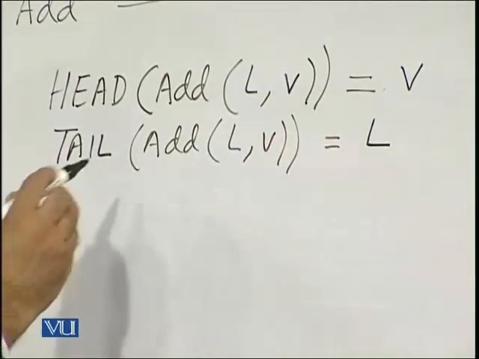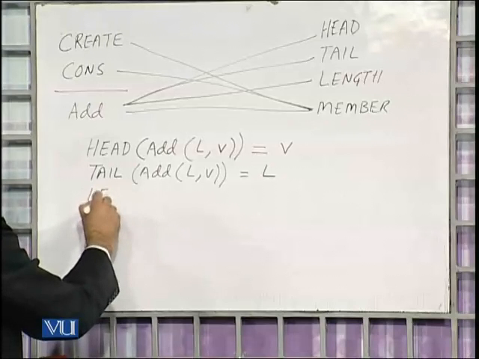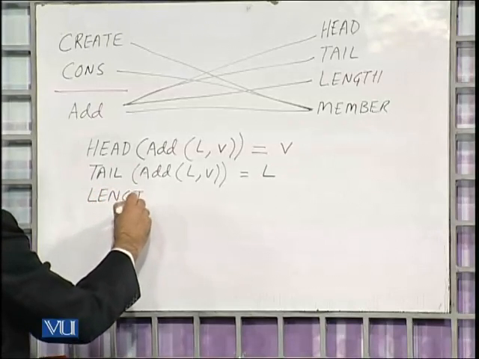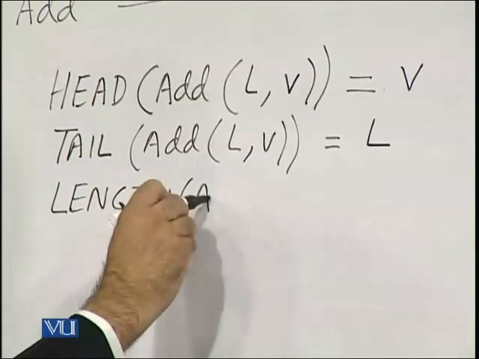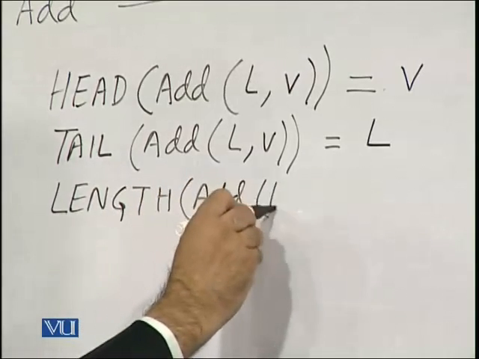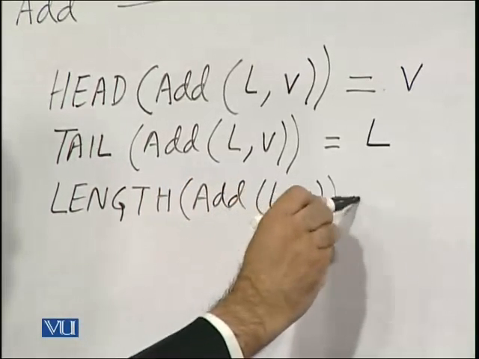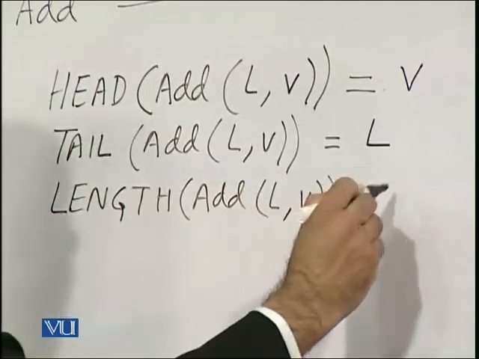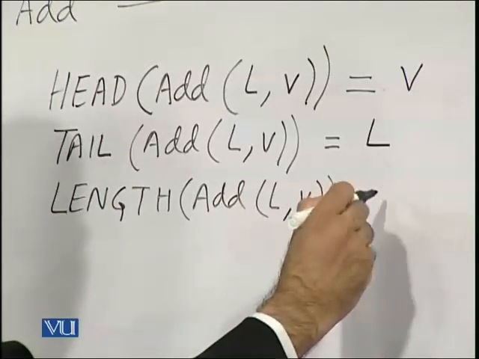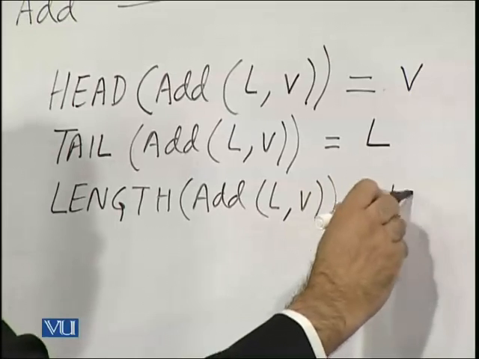And the third one is length. Once again, very, very simple. When I add one element, that means the length of this new list is 1 more than the length of the old list.